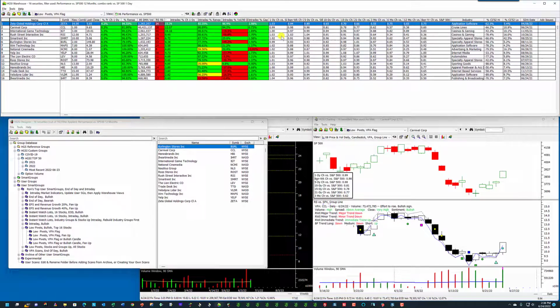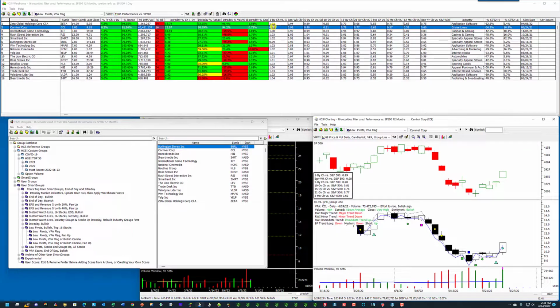Just remember, these numbers are from the night before, and they correspond to these numbers down here in this box. These are end of day comparisons right here, and you can see that looking back the number of days, like 3 months, this has underperformed the S&P by 40%.